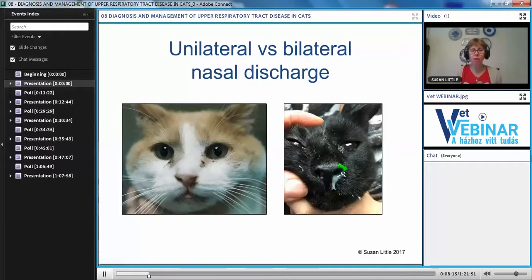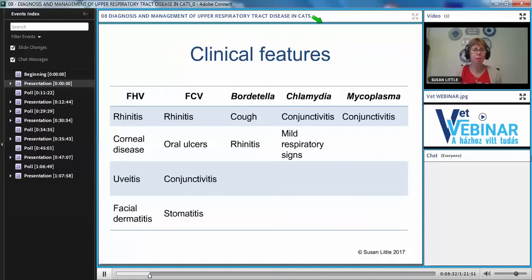There's another kitty, unilateral discharge, so that could be a foreign body, that could be a tooth root abscess, it could be something like that. So it doesn't mean it couldn't be infectious, but it means that I do want to keep some of these non-infectious causes near the top of my list as I'm going through the diagnostics for these cats.